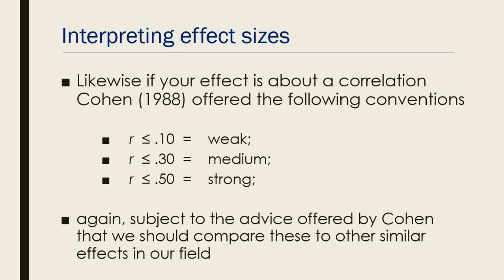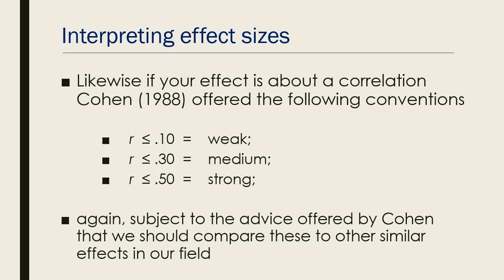For example, my area of research is human intelligence and cognitive ability. So when we look at the correlation between two intelligence tests, given that there's this shared common variance of g, it's not uncommon to have an effect size of 0.8, 0.9. Very, very strong effects.